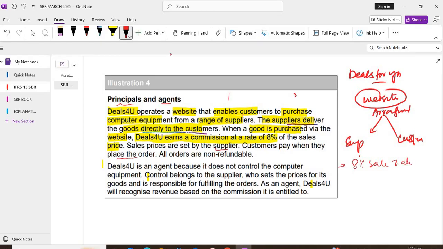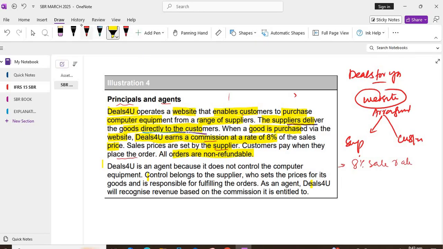I mean they are just earning the commission only, not the full amount. Now the sale price is set by the supplier. This means that Deals4You is an agent because it is not setting the price of the goods or services, but is just arranging the deal, and is only getting the fixed amount of 8% commission. Now all orders are non-refundable.